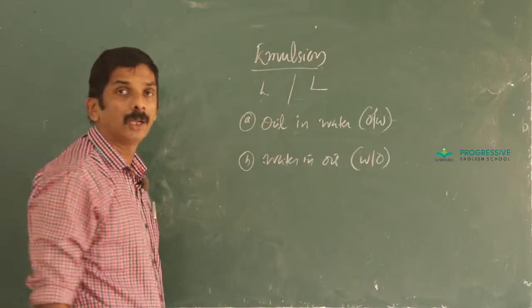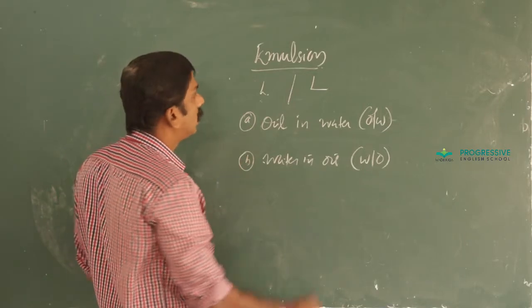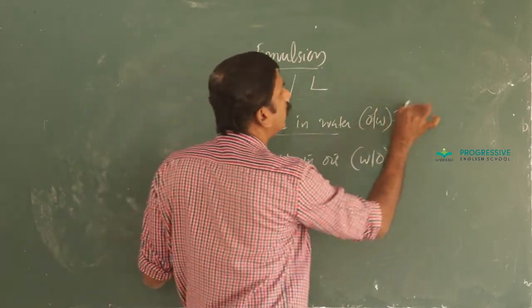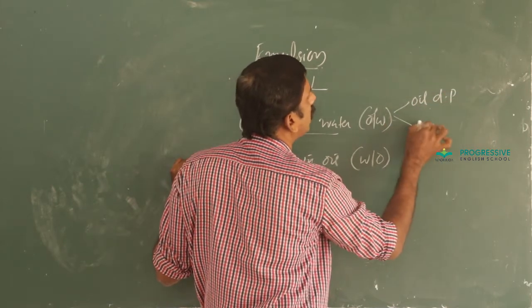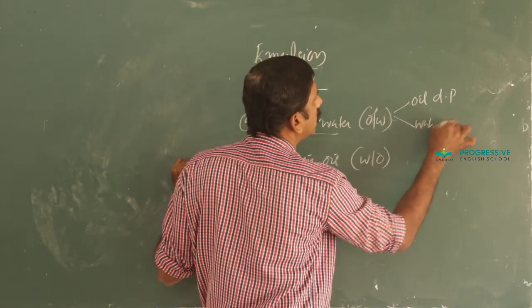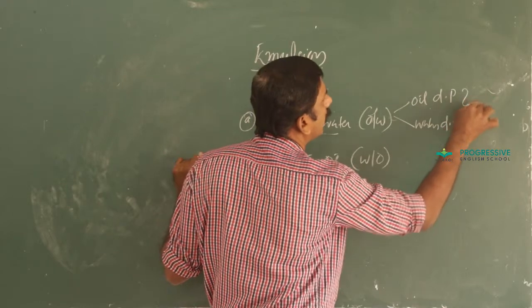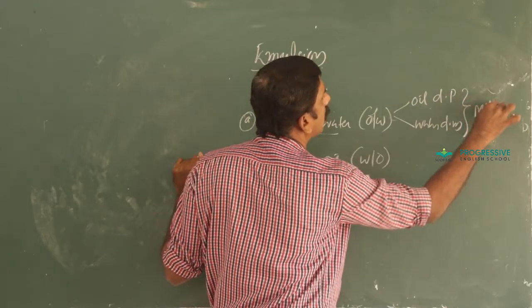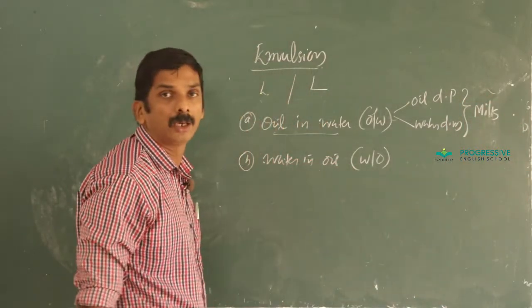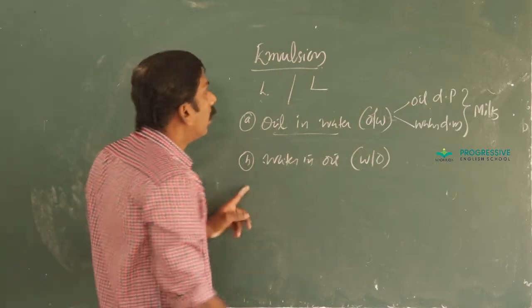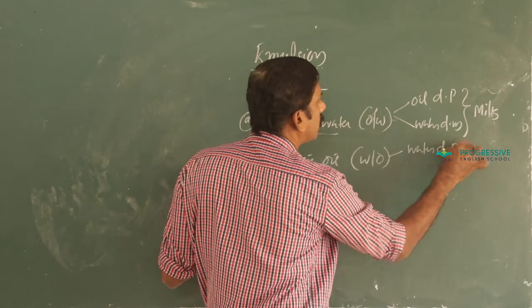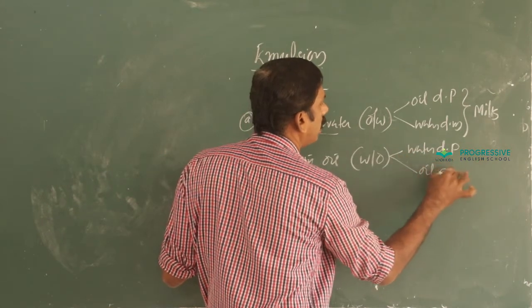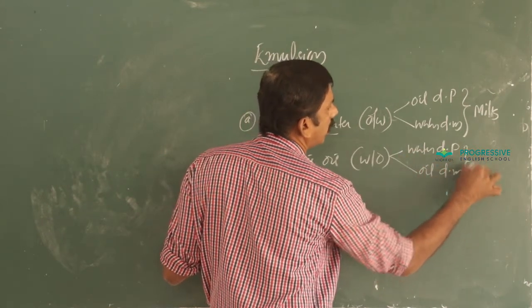In oil in water emulsion, oil is the dispersed phase and water is the dispersion medium. Example is milk. In water in oil emulsion, water is the dispersed phase and oil is the dispersion medium.